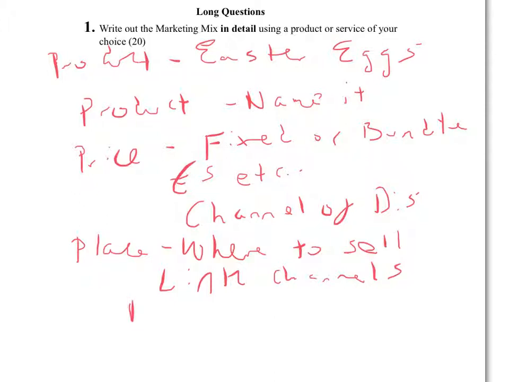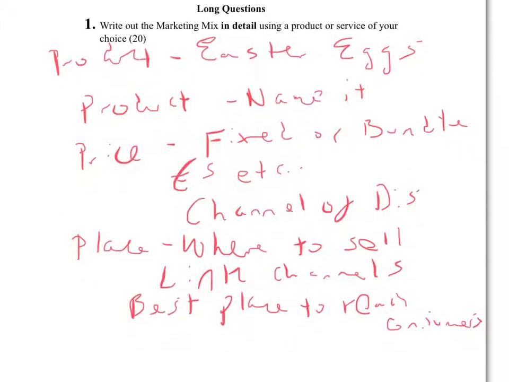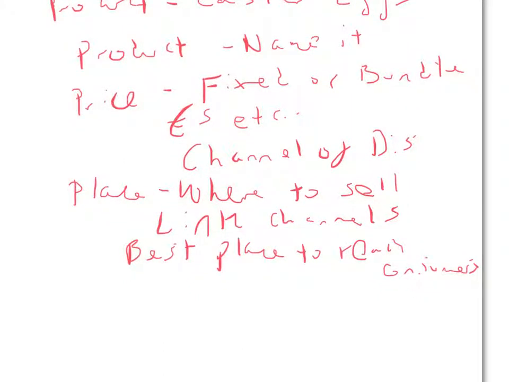And also how it would be the best place to reach consumers. So again, if it's a normal Easter egg, it would probably be a retailer. If it's a customized Easter egg, it might be direct delivery. It's really up to you, depending on what product or service that you choose.